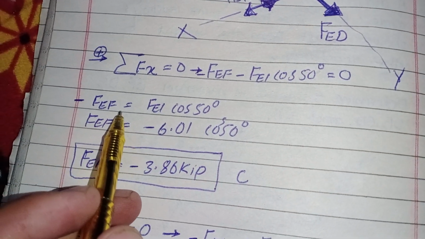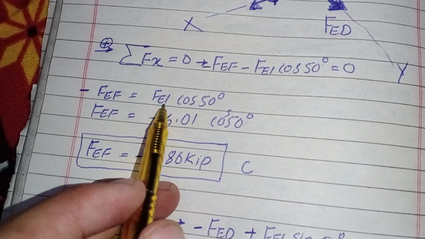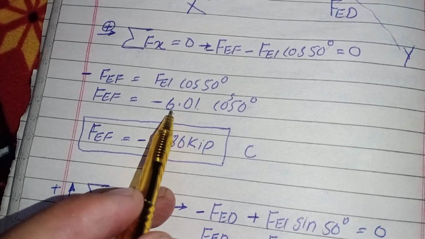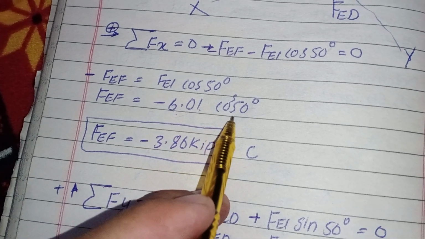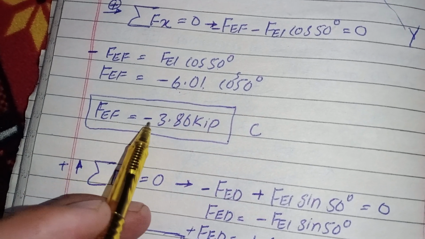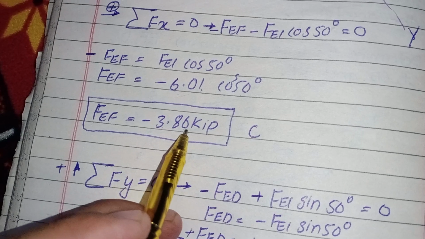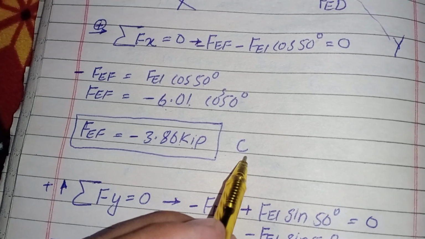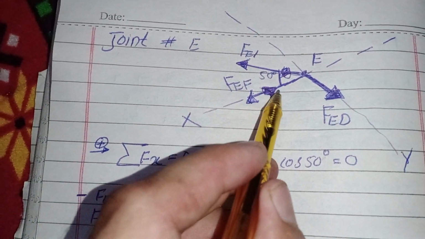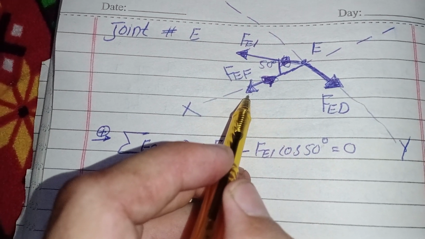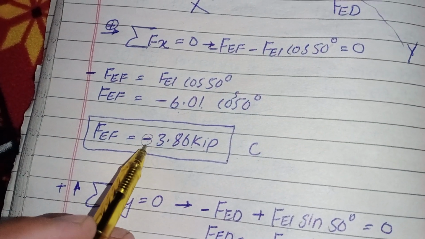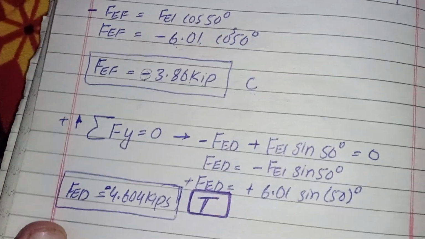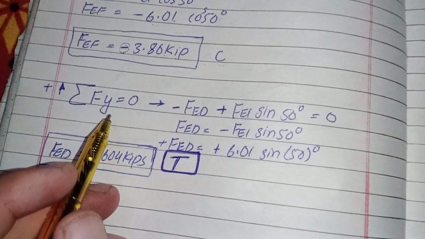So negative FEF equals FEI cos 50 degrees. In place of FEI there is 6.01 cos 50 degrees. So FEF will equal negative 3.80 kips. Okay, this is in compression. I assumed that it is in tension, but it is not because of the negative sign. It is in compression.